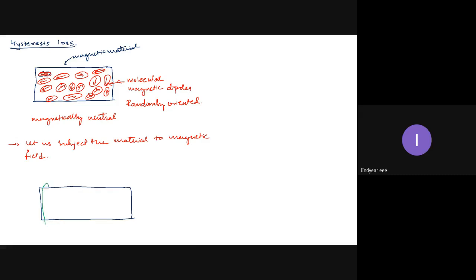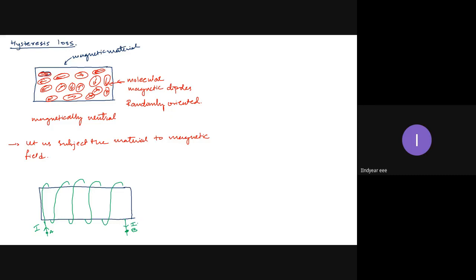Because I want to tell you about hysteresis, and it is not only about magnetizing. Because we are dealing with electromagnets all the time in machines, I will take an electromagnet. Now I will pass a current, let this be I. Let one terminal be A and the other terminal be B. Current enters through terminal A and exits through terminal B.